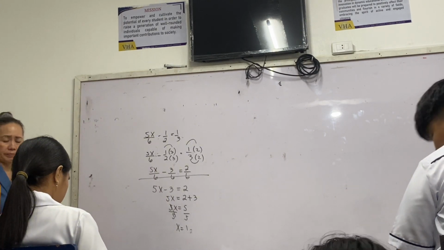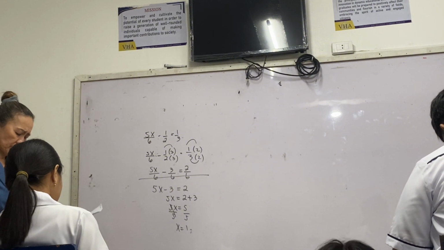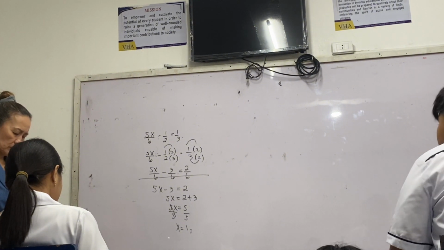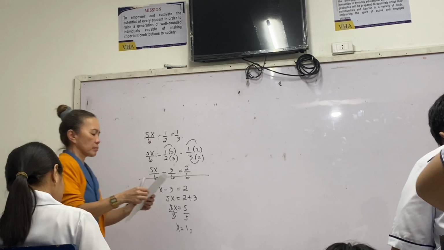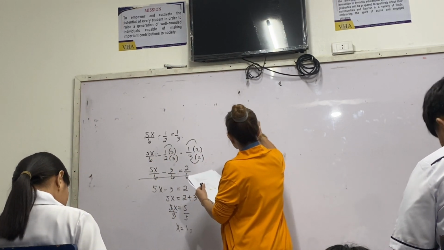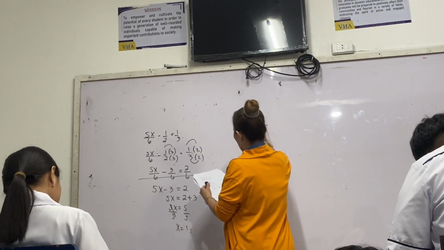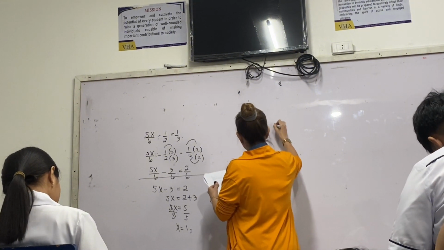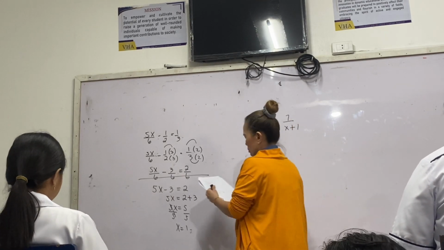Okay, next po. We have the next example. Ito po yung medyo complicated. So we have here, another example is, we have 4x minus 6 over 2x minus 3 is equal to 7x plus 1.